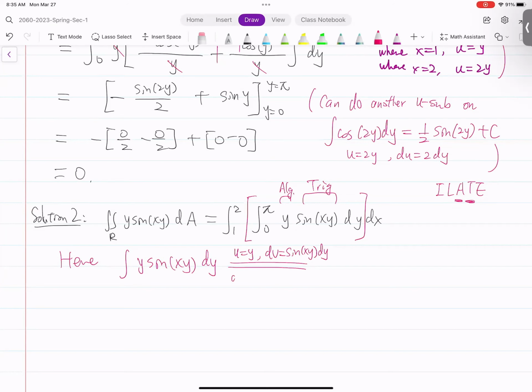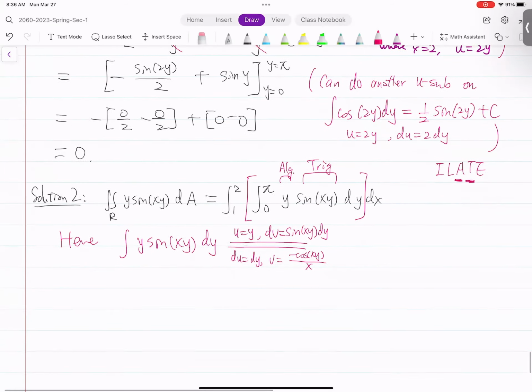Then you need du, which is dy, and v. Here you need to find the antiderivative of sine of xy with respect to y. It's going to be negative cosine of xy over x. If you differentiate with respect to y, you should get sine of xy times x over x.